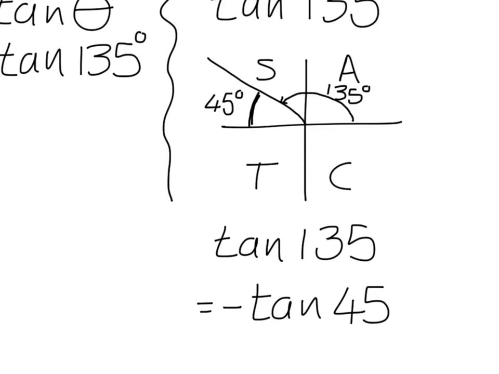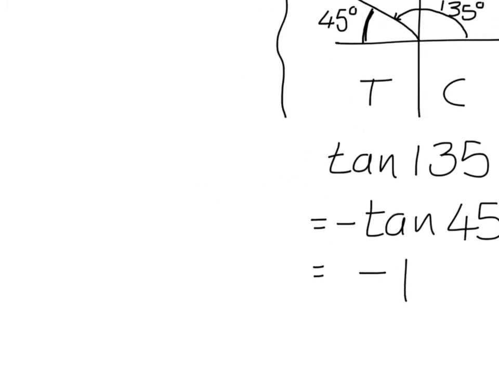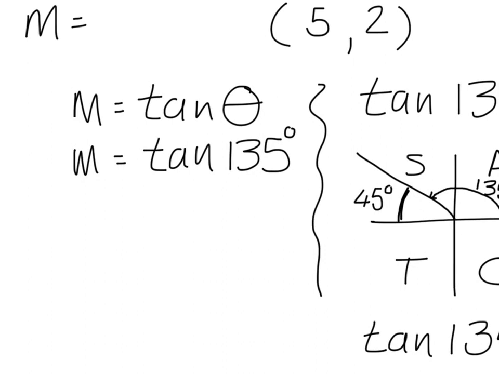From our knowledge of the exact values table, we should know that tan 45 is 1, which means negative tan 45 is negative 1. So that gives us our gradient to put back in over here. We know that m equals negative 1.